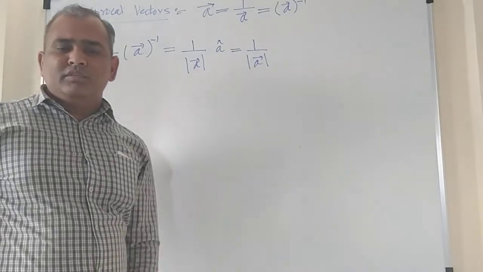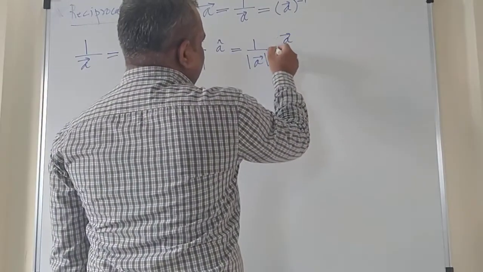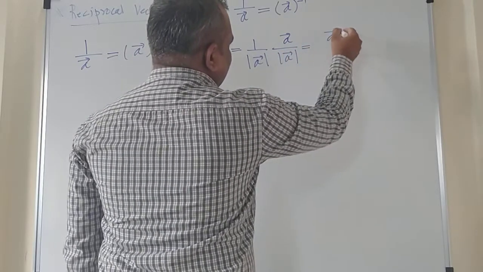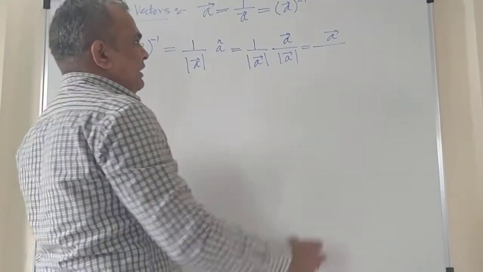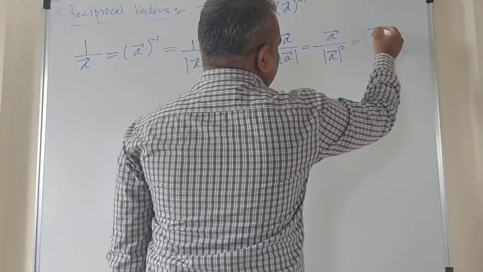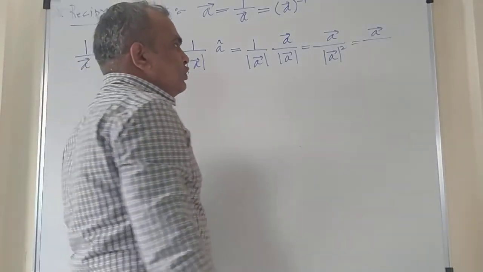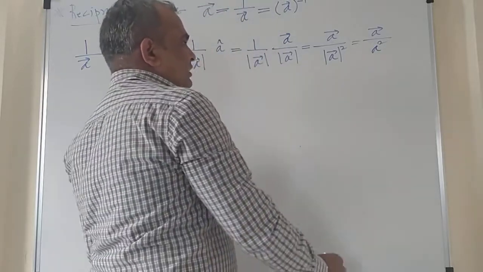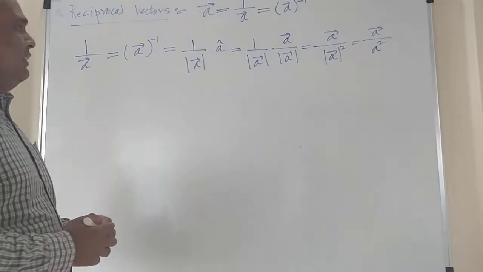A cap is nothing but the unit vector, represented by the vector divided by the magnitude of the given vector, and hence the reciprocal vector is equal to the vector divided by the magnitude of the vector squared. I need not write the mod, being a square, so A bar, that means the vector, divided by A square. This is the value of a reciprocal vector.